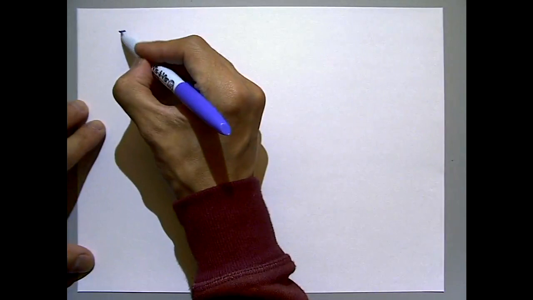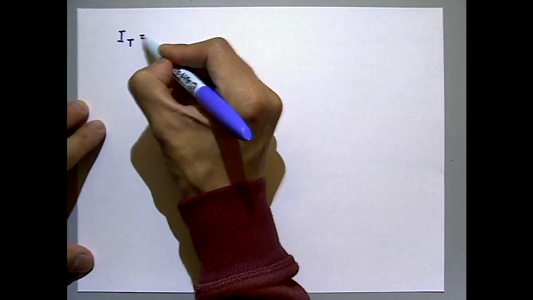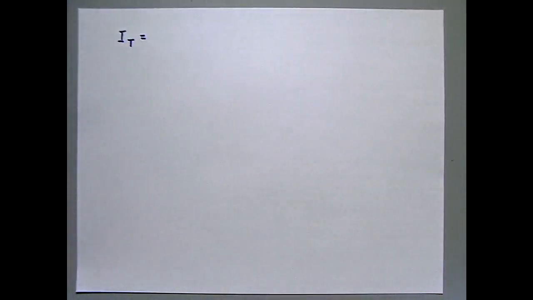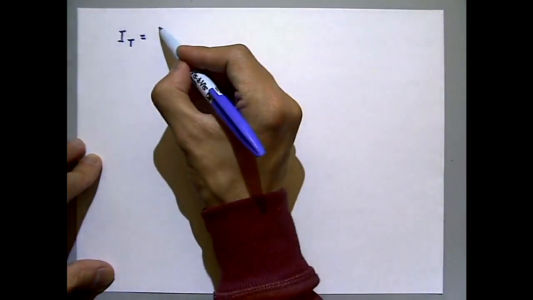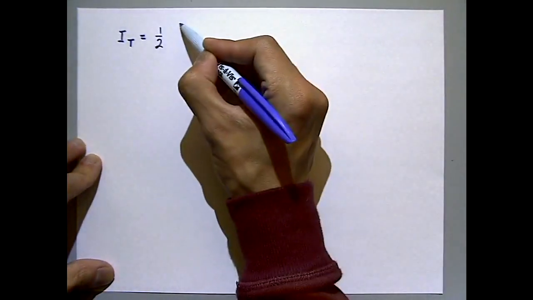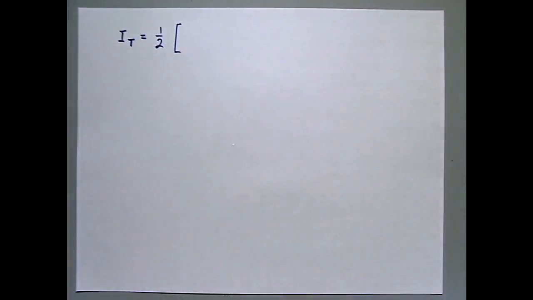So how does that work? For our example here, I sub t, average means you add up the two things and divide by 2. So it's 1/2. Now first thing here, I want to know the slope going from 80/50 to 85/50.